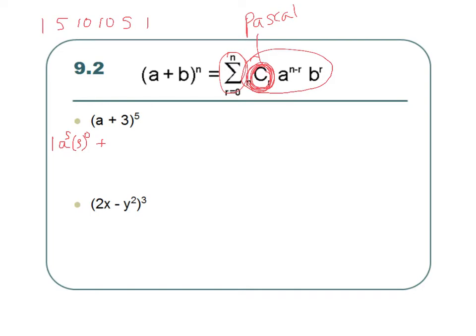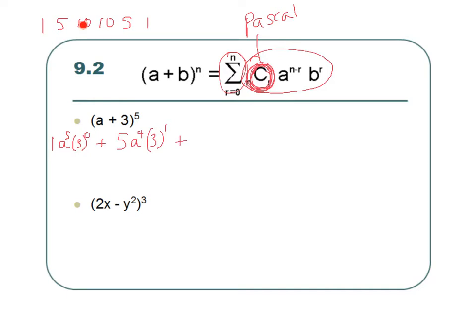And then we do it again, and we grab the next Pascal number, so that's a 5. And then I'm going to write my a, and its power is going to drop, so now it's to the 4th. And then I take the 3, and its power is going to go up. It was to the 0, now I'm going to put it to the 1st power. And you just continue this process, plus.